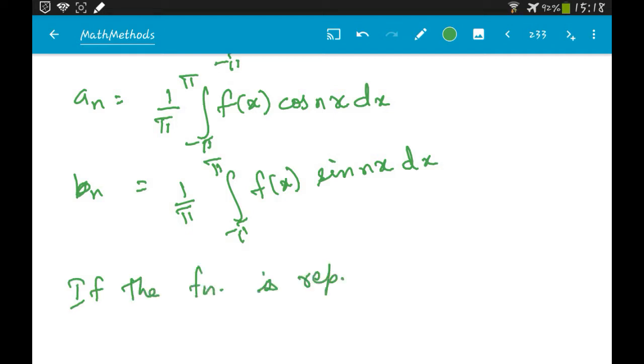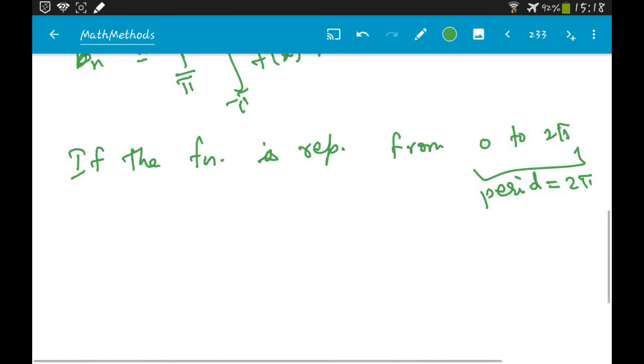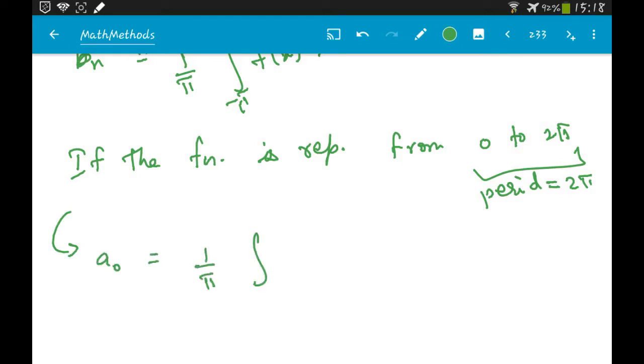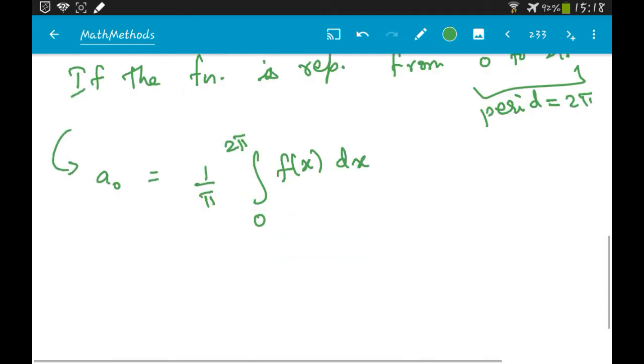But if the function is represented from 0 to 2 pi, the period is still 2 pi, but the function is represented from 0 to 2 pi. In that case also, a naught will be the same as 1 by pi, but now the limits of integration will go from 0 to 2 pi f of x dx.